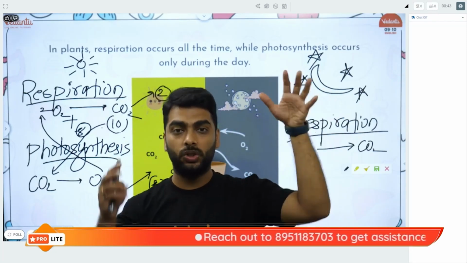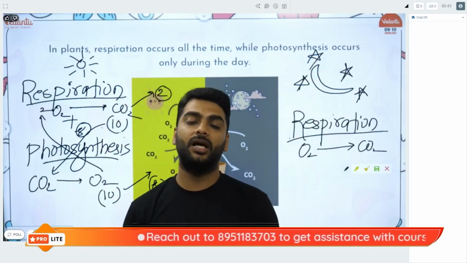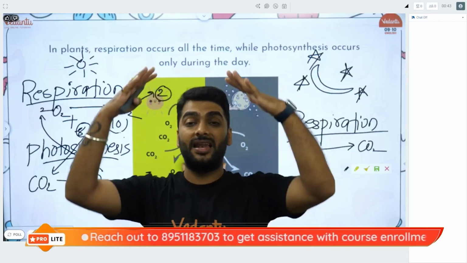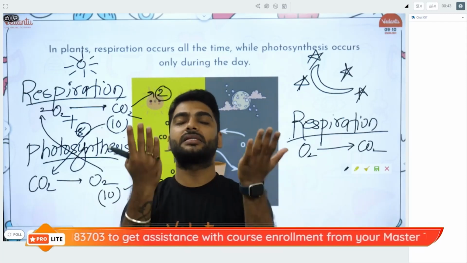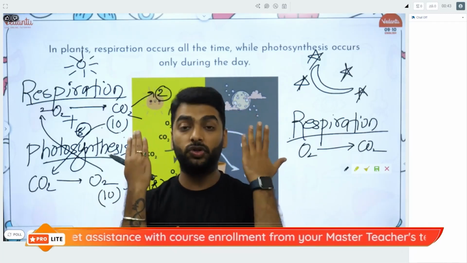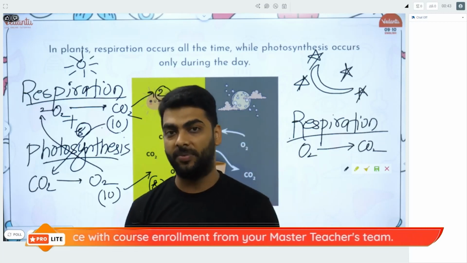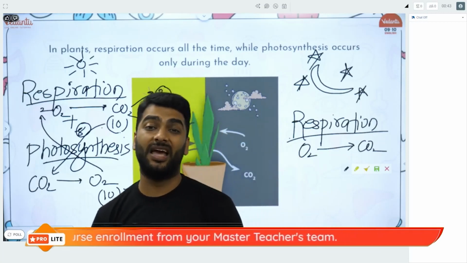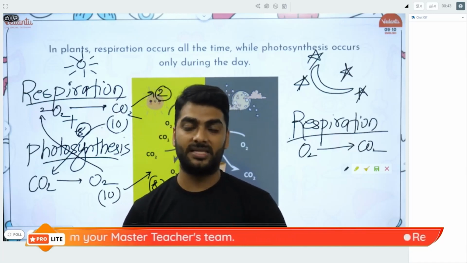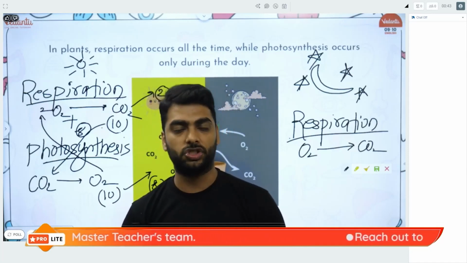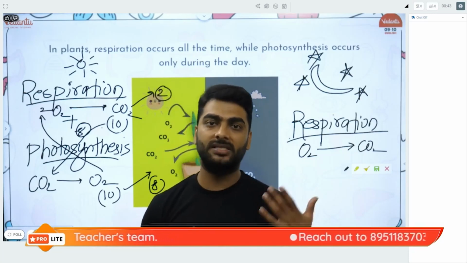AC air is cool, so it comes down. Similarly, carbon dioxide is heavier than air and it settles at the floor. If you are sleeping under a tree, this carbon dioxide will come on you. You will end up inhaling a lot of carbon dioxide and the person can faint or fall unconscious. That is the reason it is advised not to sleep under a huge tree at night, because the plants release carbon dioxide.